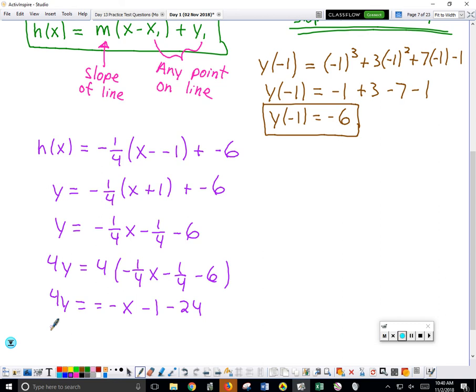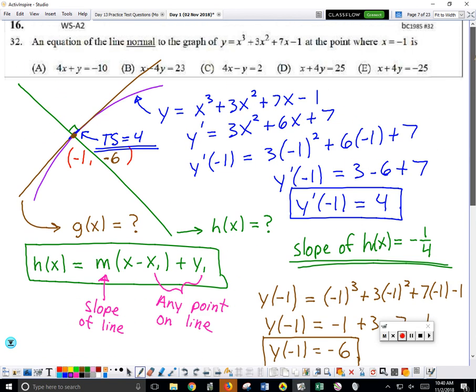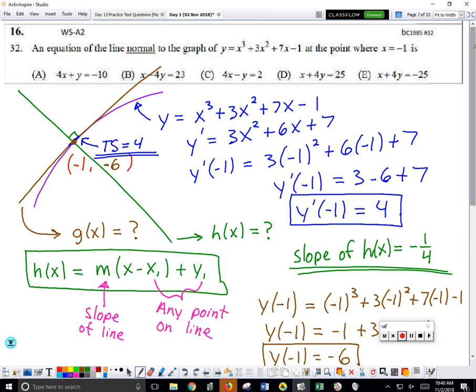So when you put them all together, you bring the x over to this side. You get x plus 4y is equal to -25. They leave it like that, just in that form. So x plus 4y is -25. Okay. Thank you so much.